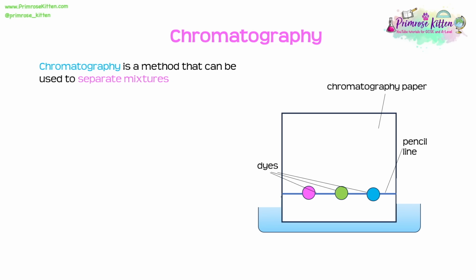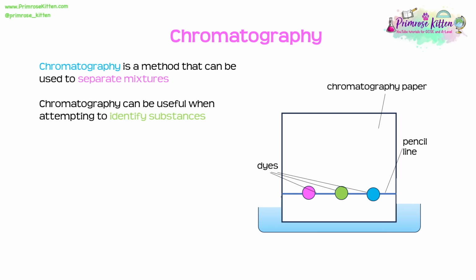Chromatography is a method that can be used to separate mixtures. And it can be really useful when we want to attempt to identify certain substances. So, as you can see in this diagram, we often use chromatography paper and a pencil line. We put some dyes or whatever substances we're looking to examine along this pencil line and place it into a solvent.